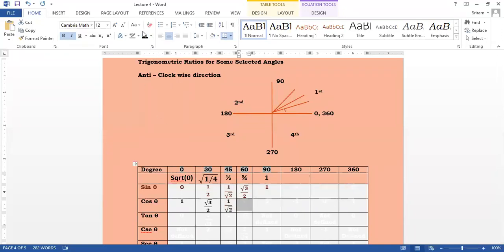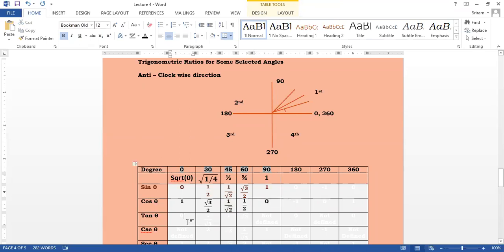So this will become 1/2. Once I find the value of sine theta, I can find all the other trigonometric values. For cos theta, I am going to take it in the opposite side: 1, √3/2, 1/√2, 1/2, 0.